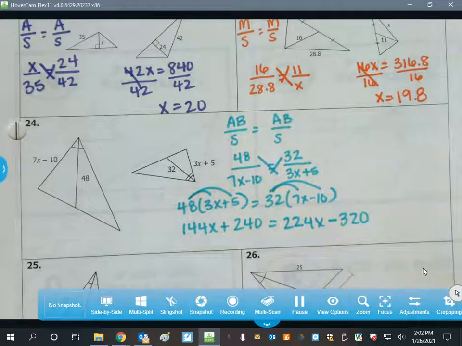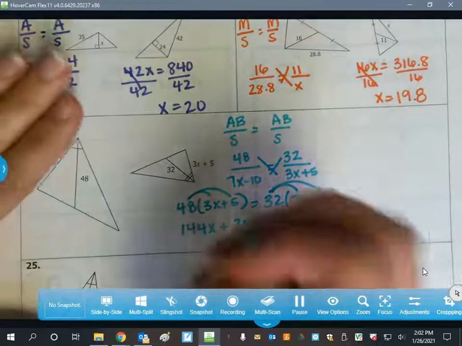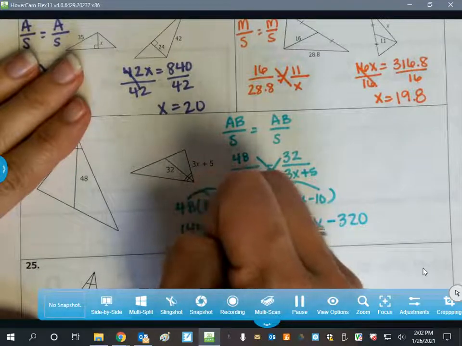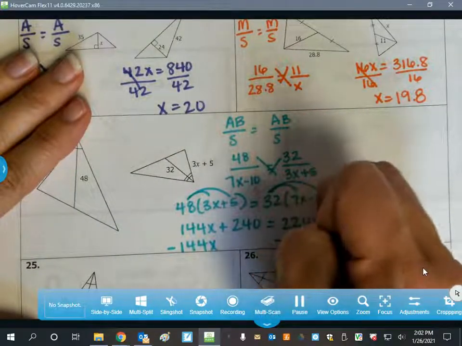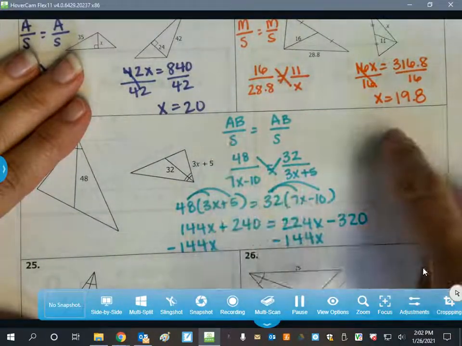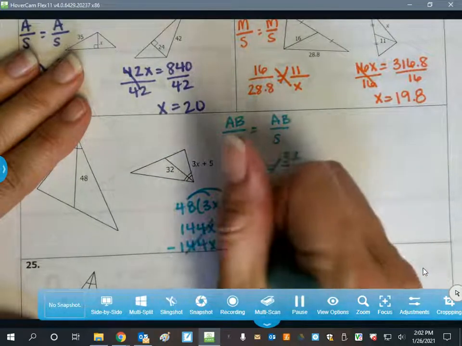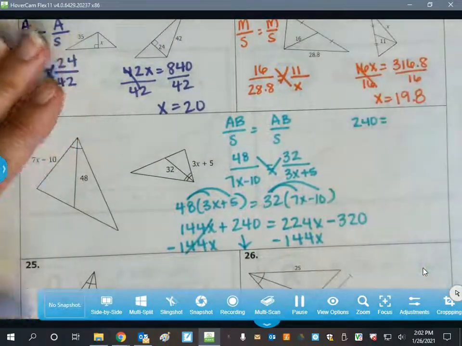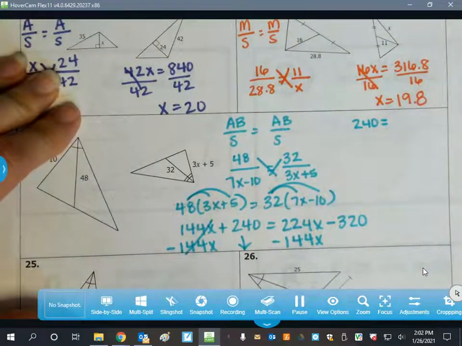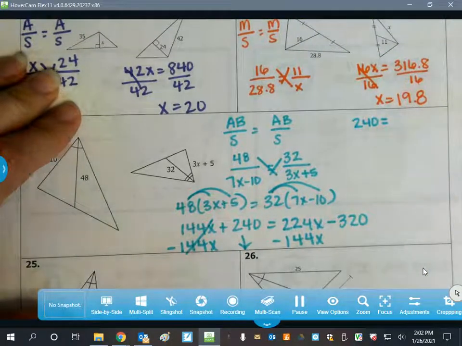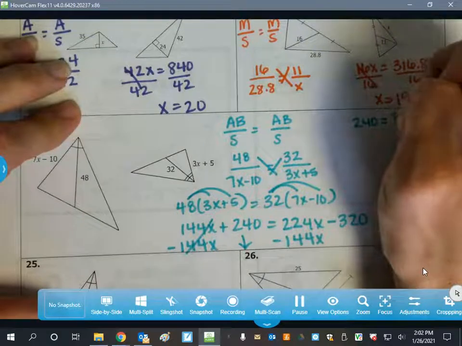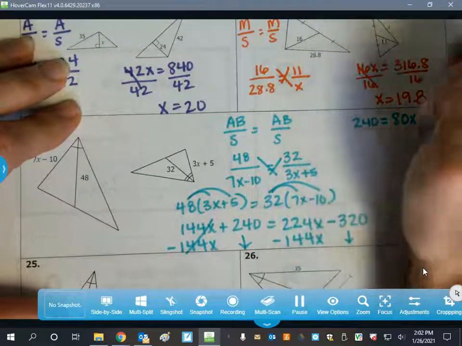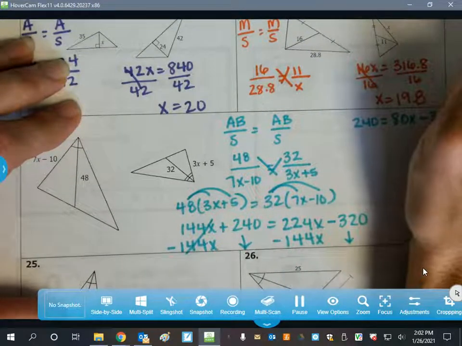Now I always choose to move my smaller x first, so I'm going to subtract 144x from both sides. I'm going to write this up here so I have more room. So my 240 comes down, equals 224 minus 144 equals 80x. And then my negative 320 comes down as well.